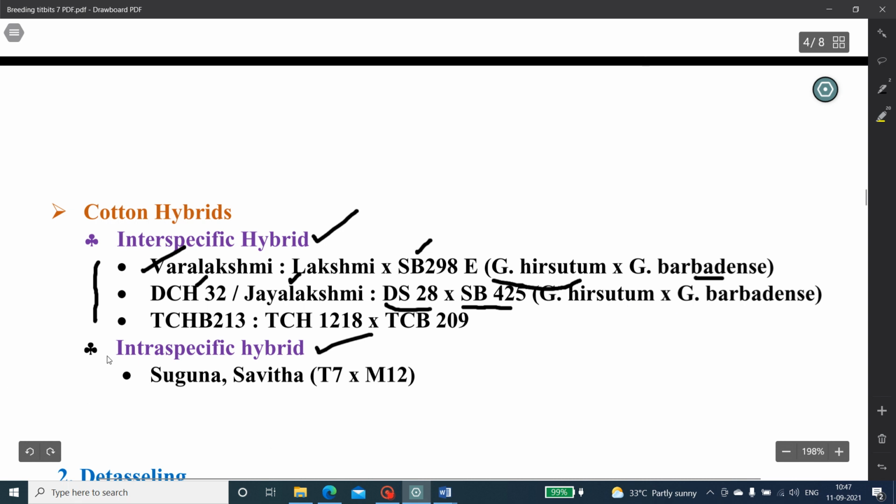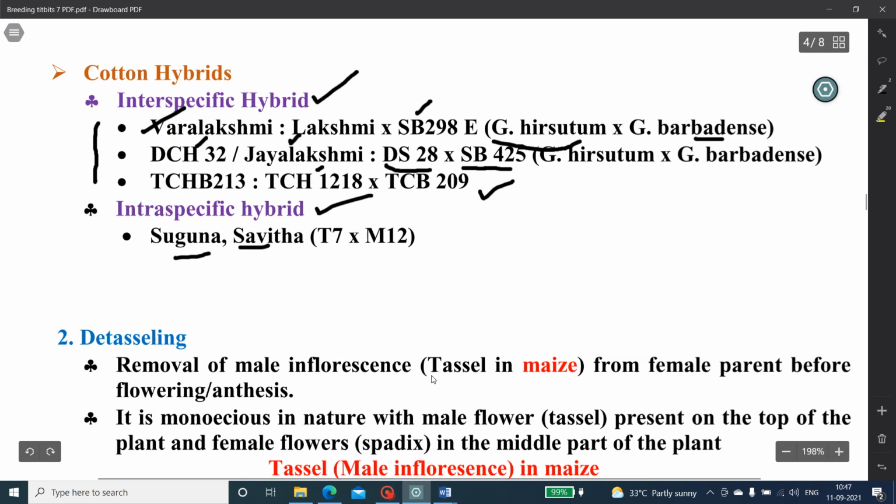And one more hybrid in interspecific hybrid cotton, TCHB213. The female parent is TCH1218 and the male parent is TCB209. While coming to the intraspecific hybrids, we have two hybrids, Suguna and Savida, and the parents of Savida are T7 as female and M12 as the male parent.